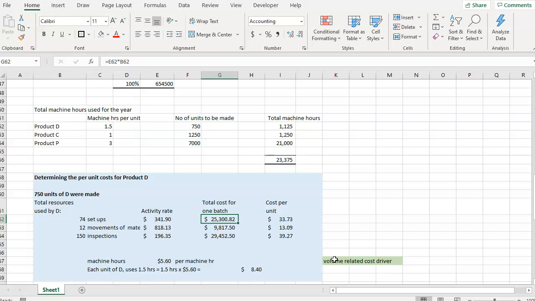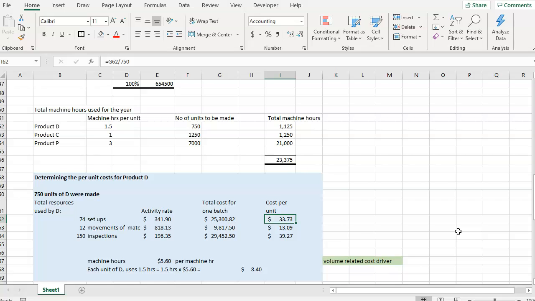We are interested in a figure for 1 unit. So if we take this 25,300.82 and look at the formula bar and divide it by 750, it changes this total cost into a cost per unit. Let me repeat. This 25,300 relates to all 750 units of D. We're not interested in that. We're interested in the cost for 1. So we must divide that 25,000 by 750 to get a cost per unit.